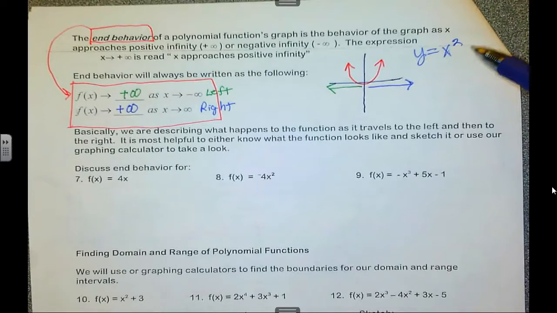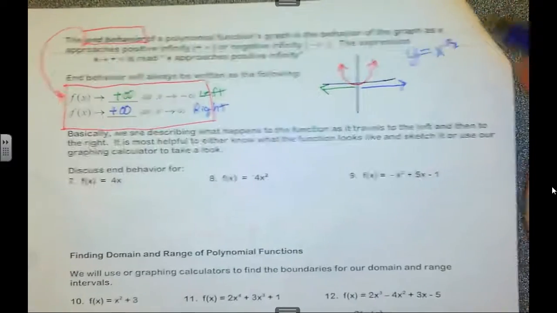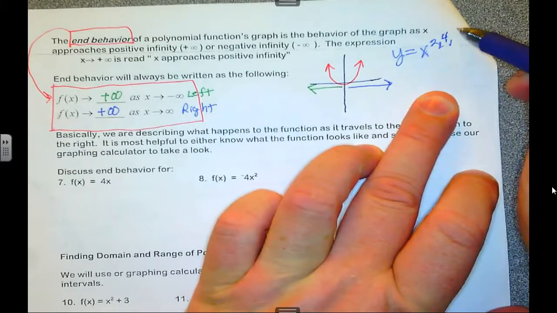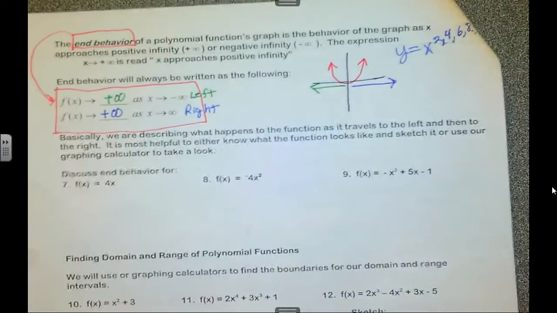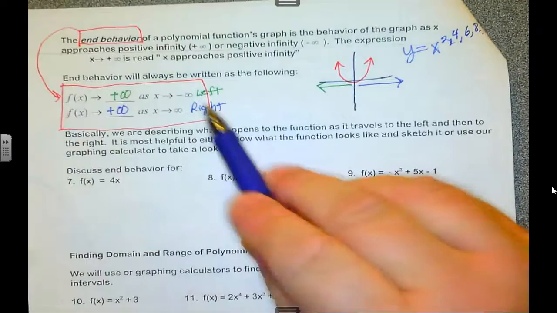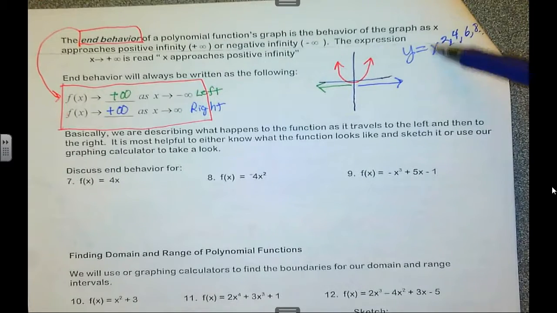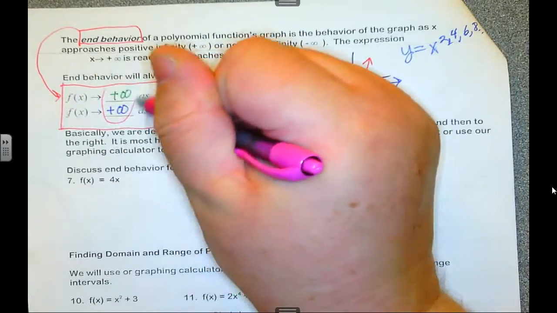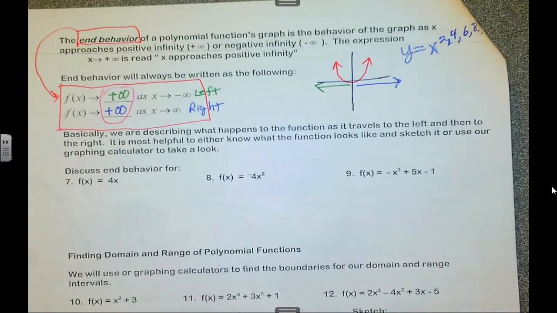The end behavior for all parabolas, that means anything that's even, to the second, to the fourth, to the sixth, to the eighth, so on and so forth, with a positive coefficient. Okay, guys, write down. Notice the coefficient's a positive 1. It will always be positive infinity, positive infinity.